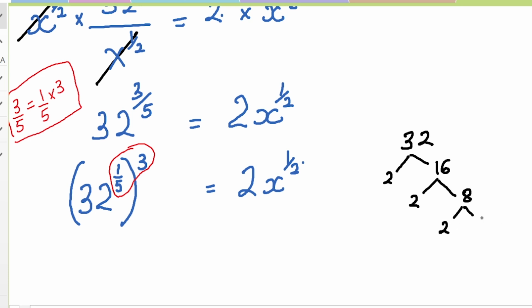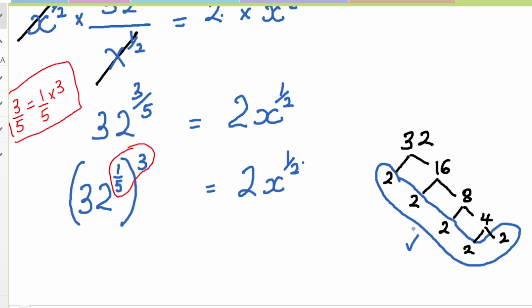By 2, I'll end up with 4. Divide that by 2, I'll end up with 2. Now, since we are finding a fifth root, I'm going to group these numbers in groups of 5: 1, 2, 3, 4, 5. When I group these numbers in groups of 5, I'll simply choose one number from the group. And so it means the fifth root of 32 is actually 2.